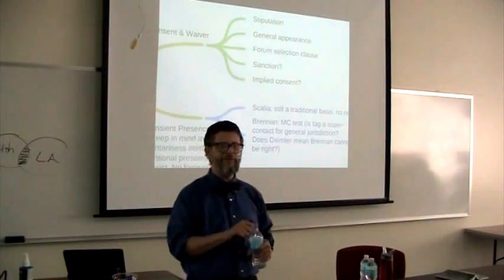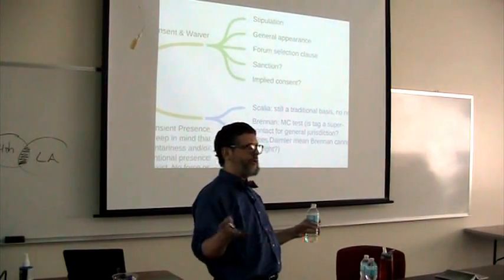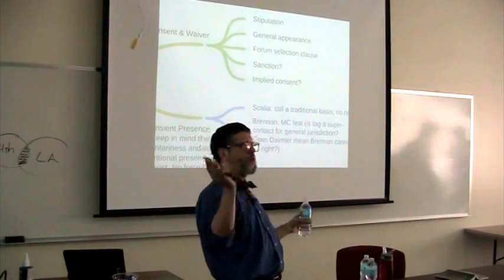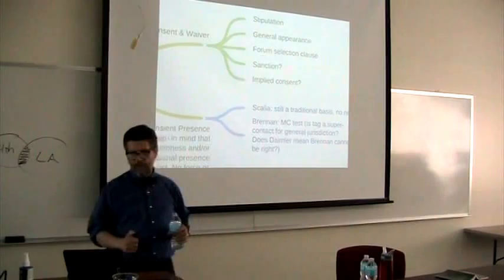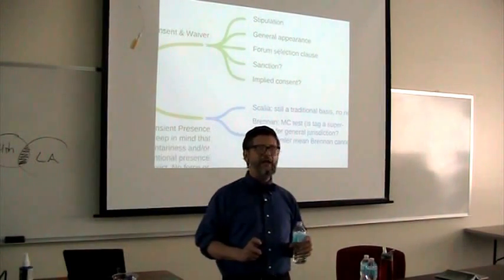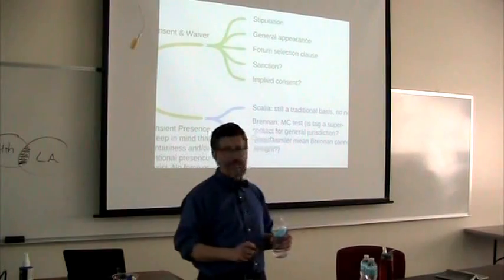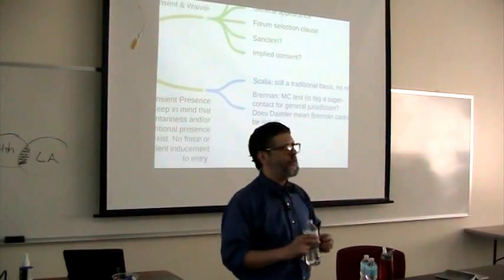You have a valid contract that indicates that any disputes arising under this agreement will be litigated in the state or federal courts of Dade County, Florida, for example. A forum selection clause. A sanction. There's a Supreme Court case that applied personal jurisdiction as a sanction. And then I have implied consent with a question mark.